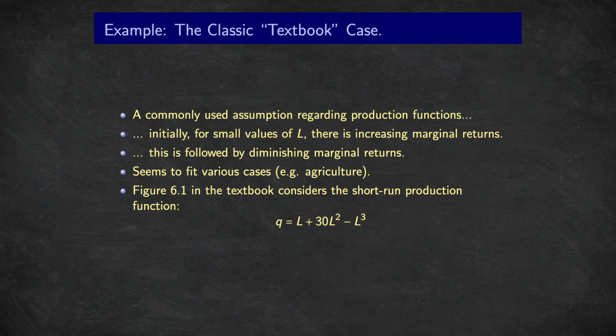Doing this exercise is sometimes called producing a set of short-run production schedules. So producing a set of diagrams that show the short-run production function itself, the average product of labour, and the marginal product of labour in diagrams relating the relevant values to each other. So let's jump on paper and do this now.